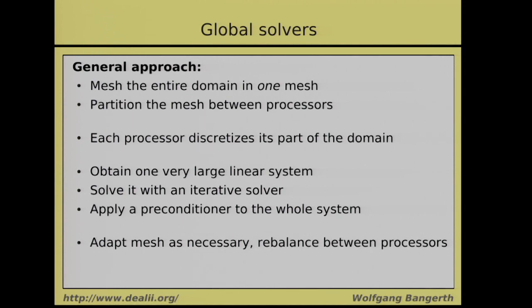When you want to adapt the mesh, you're going to refine some cells over here, maybe not refine over here. So the overall number of cells grows, and the process in which we typically do this is that every processor owns a number of cells. You refine the cells that this processor owns. Now there's an imbalance. This processor has many more cells than this one. So you need to rebalance this data structure that stores the whole mesh.